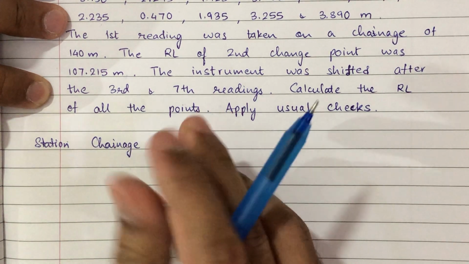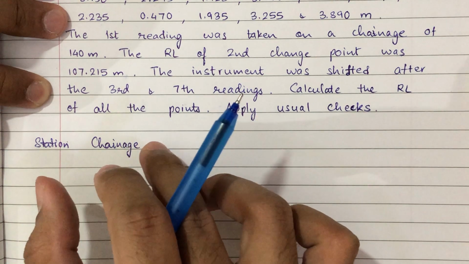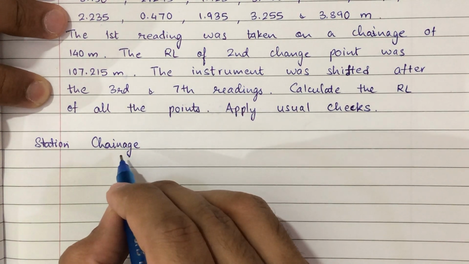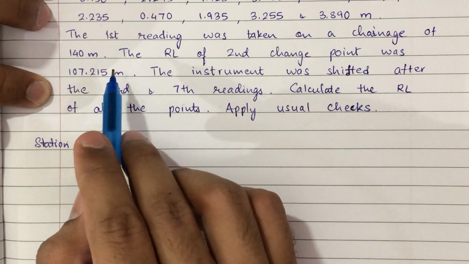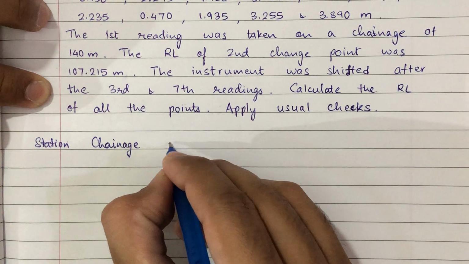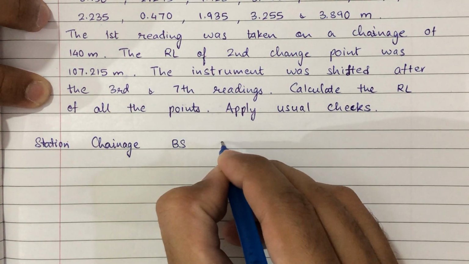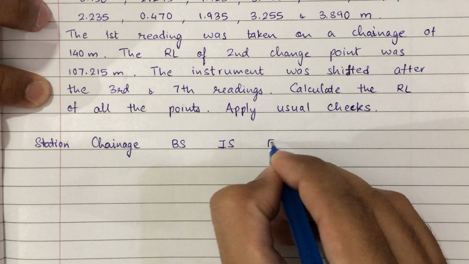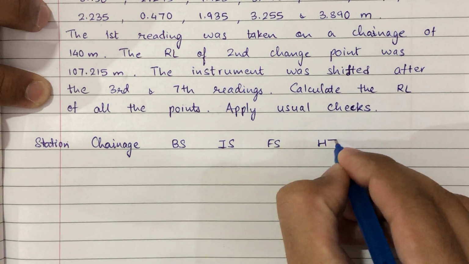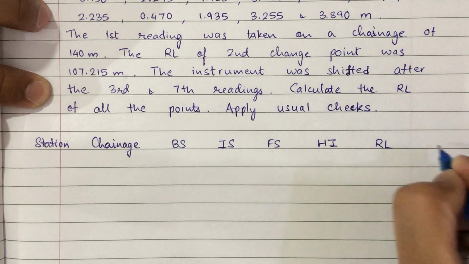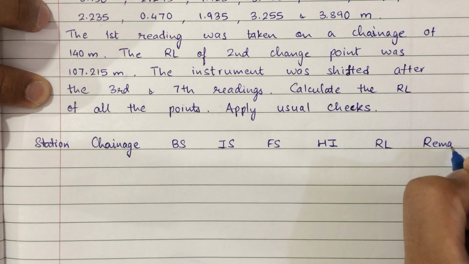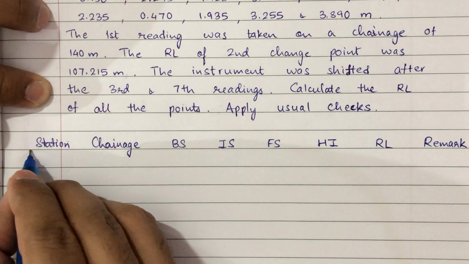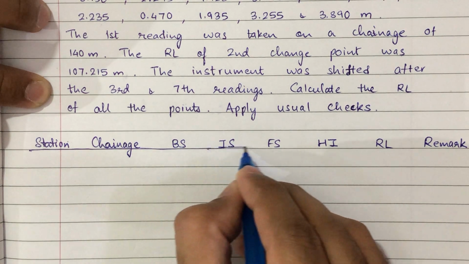Earlier no chainage column used to be here, but here we have to provide a chainage column because the chainage value is given to us. Then there will be the backsight column, then intermediate sight, then foresight, then height of instrument, RL and remark. This is how the table will be made.